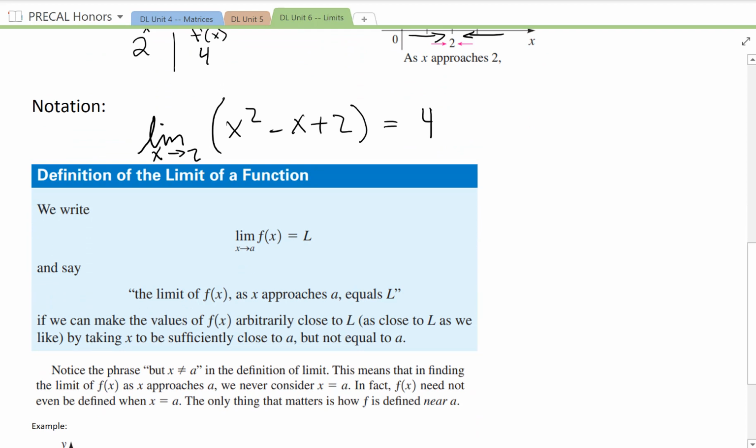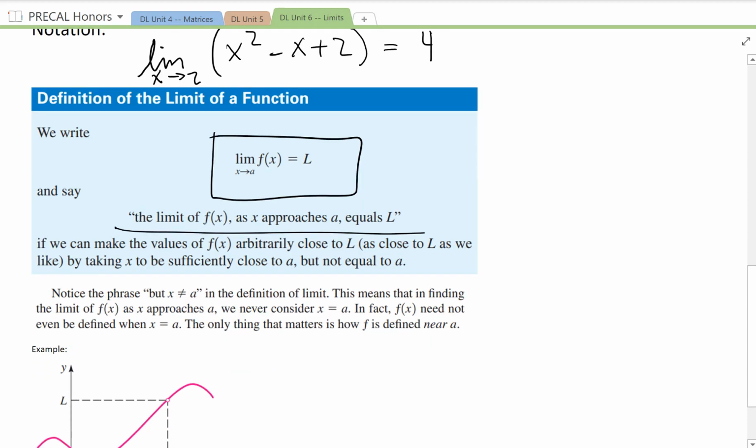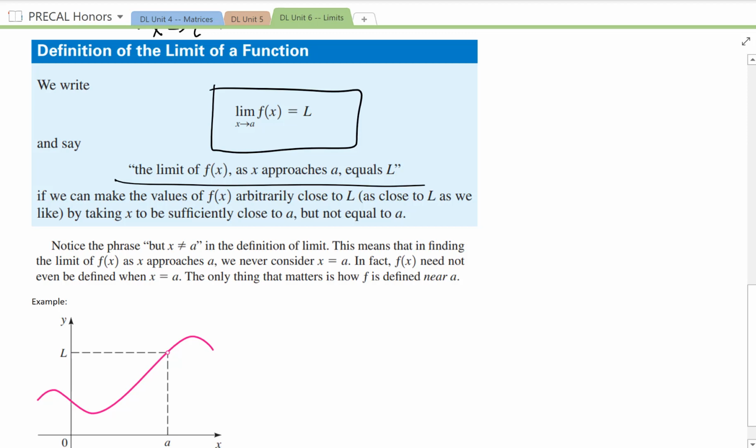Definition of a limit. We say this: the limit of f of x as x approaches a equals L. And we can make the values of f of x arbitrarily close to the limit L, as close to L as we want, by taking x to be sufficiently close to a but not equal to a.